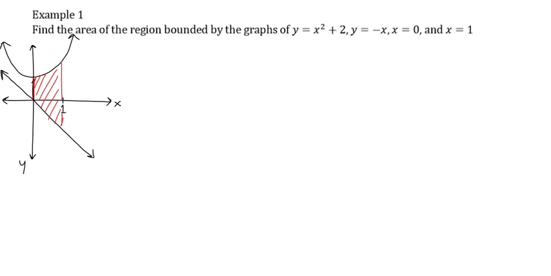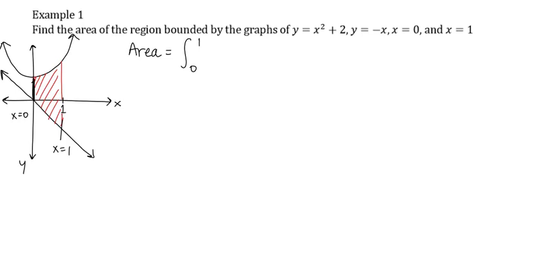And to find that area, we compute the integral from the lower limit of 0 to 1. I'm getting that from the bounds on this region, the vertical line x equal to 0 and the vertical line x is equal to 1.